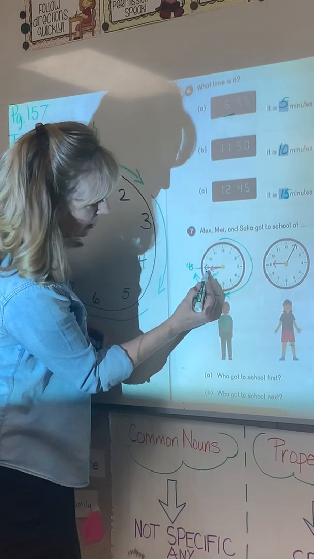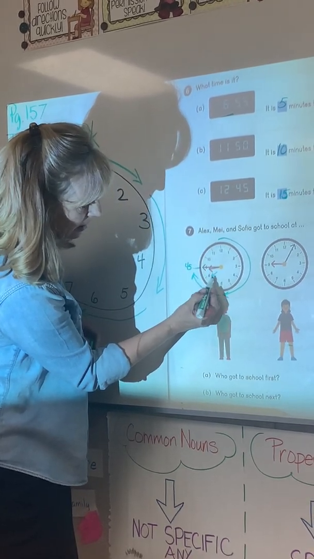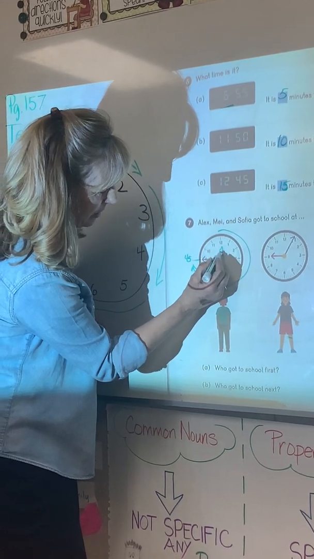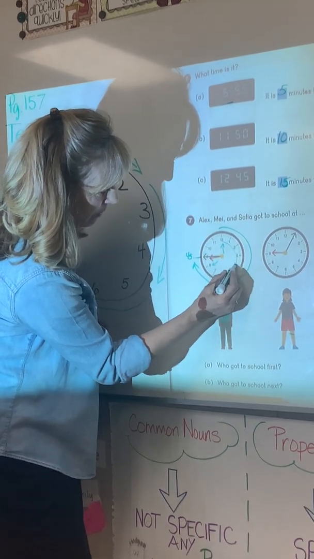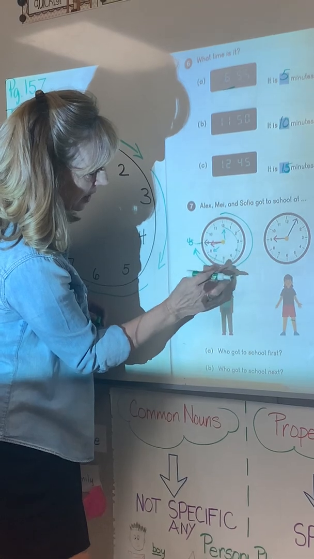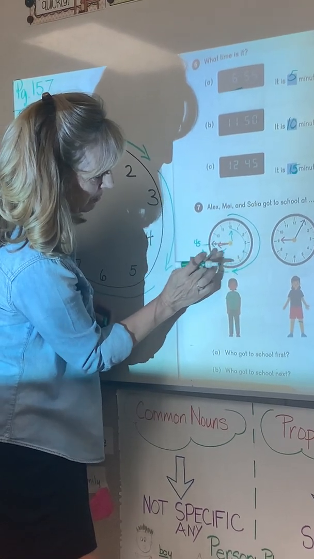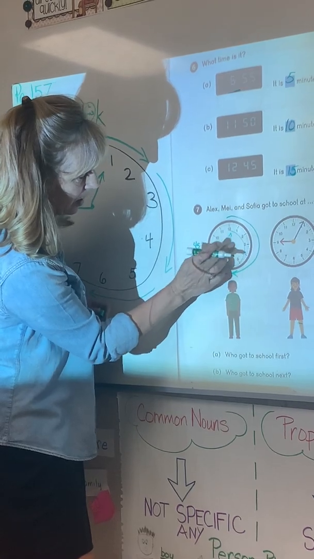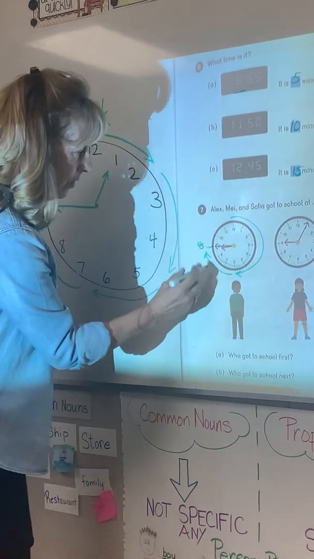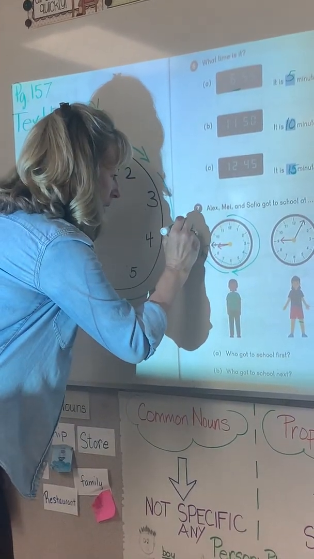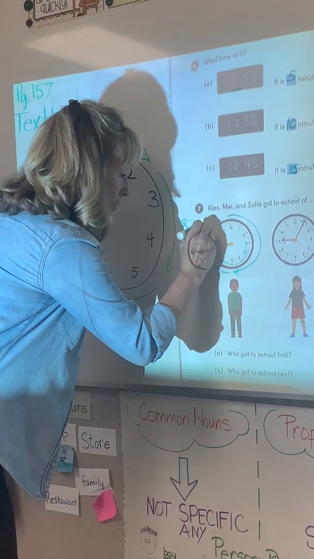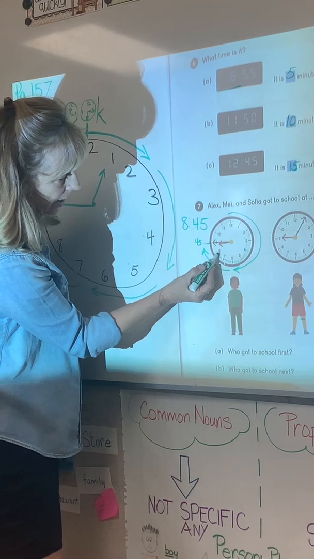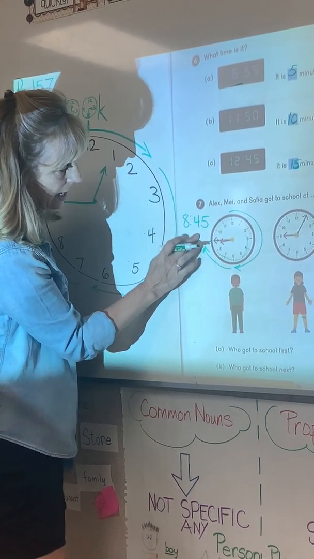We're not fooled because it's not on the 9 yet. The minute hand started at the 12 and went all the way around to the 9. So did the hour hand. It moved as well up to almost 9 where it is. All right, so that time then is 8:45. Not 9:45, 8:45. Okay, it's not quite to the 9 yet.